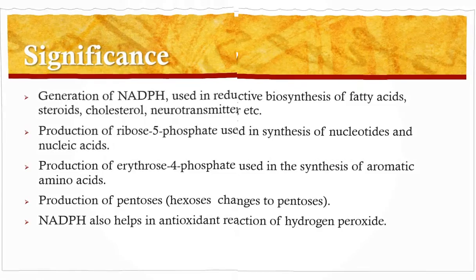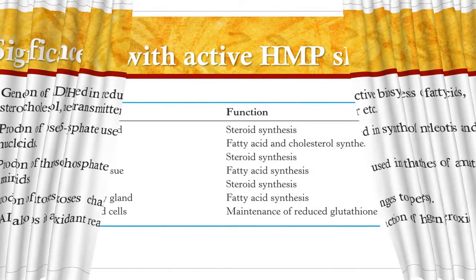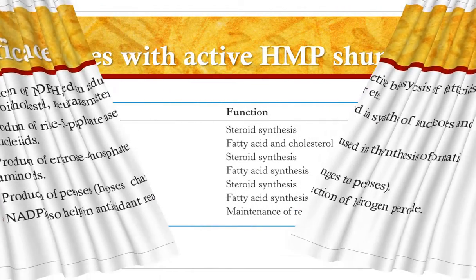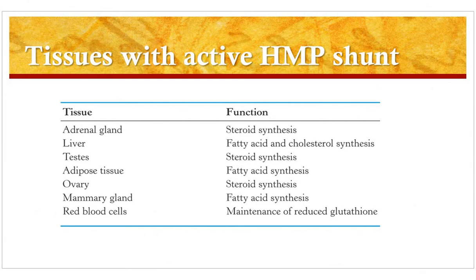Now let's see some examples of tissues with active HMP shunt. As we have already discussed, the site of reaction is the cytosol of the liver, adipose tissue, etc. So what is the role of this pathway? It takes place in the adrenal gland for the production of steroids. In the liver, it helps in fatty acid and cholesterol synthesis.